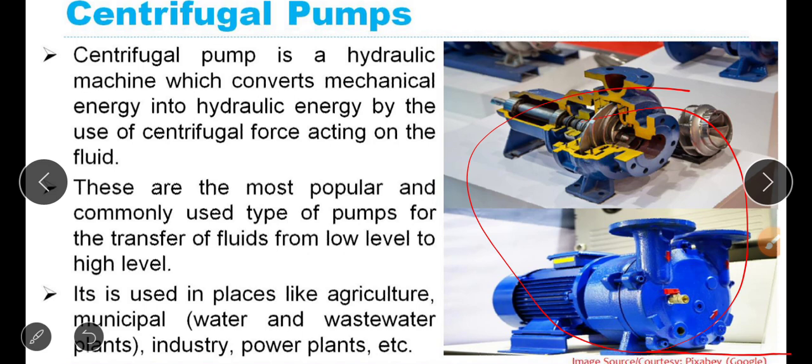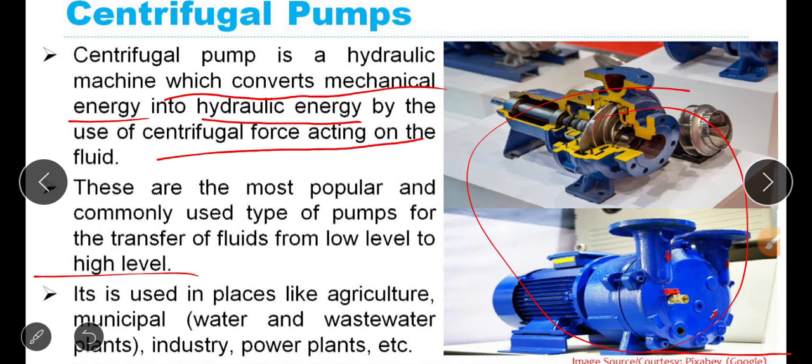Centrifugal pumps are the most popular and commonly used type of pumps for the transfer of fluids from low level to high level. So already it is told, it converts the mechanical energy into hydraulic energy by the use of centrifugal force acting on the fluid. Therefore it is known as centrifugal pump.